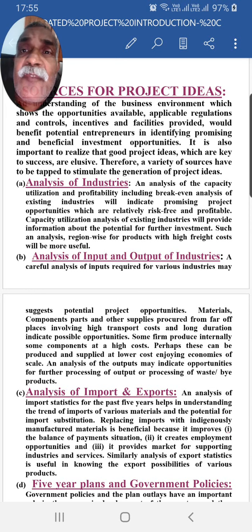So if you produce something with the help of makhana, then what happens? The material cost and the transportation cost will be very high. And we'll get this raw material in maybe 15 days or 20 days or 1 month.